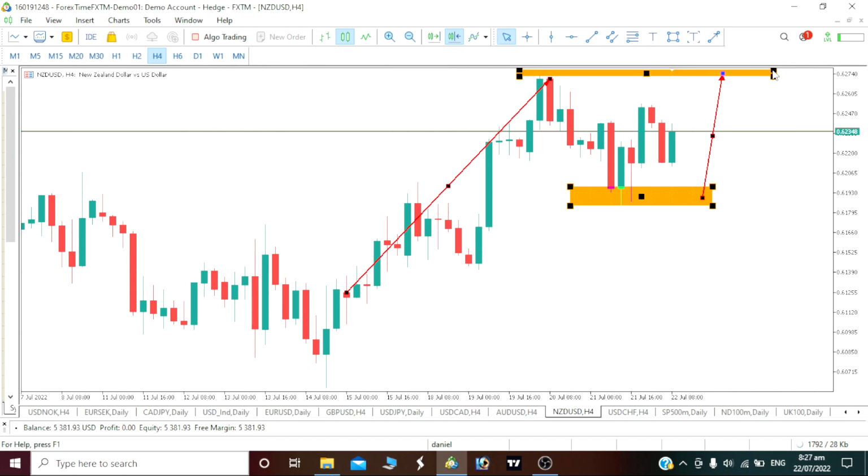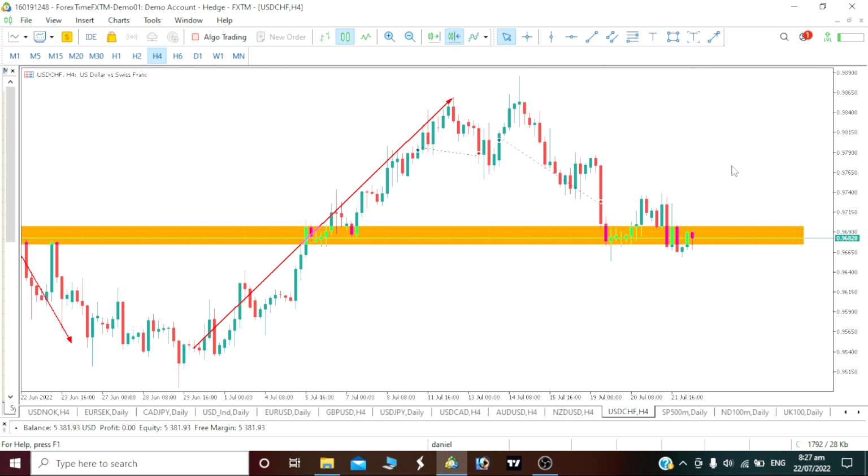Opt out, take profits. If our price breaks above, we can take our buy again. If not, you can wait. It depends on how you want to trade it. For today, let us wait. Once our price drops here, you can take the buy position upward on our New Zealand USD. That is on our 4-hour time frame.